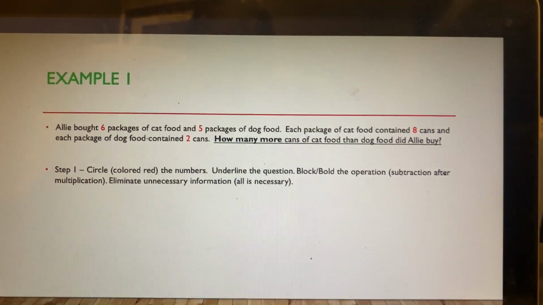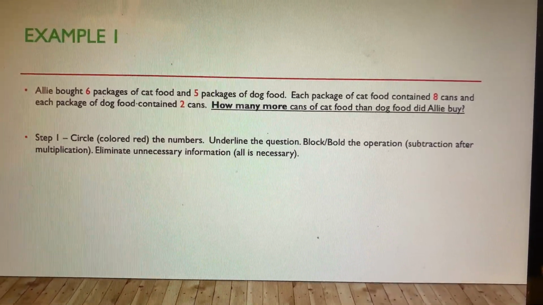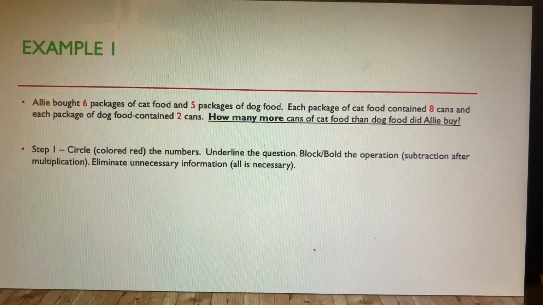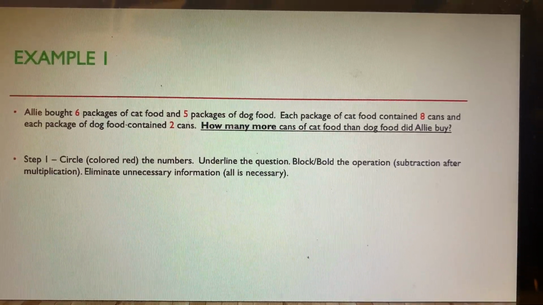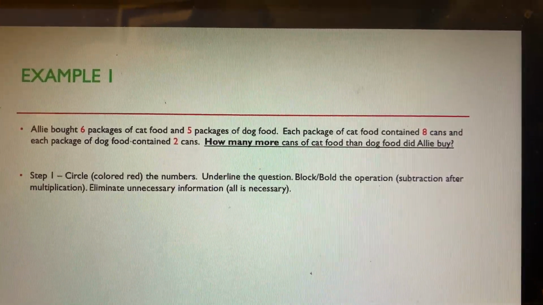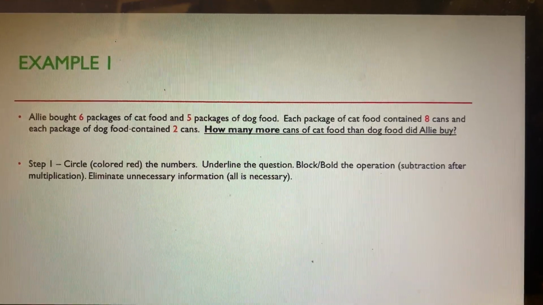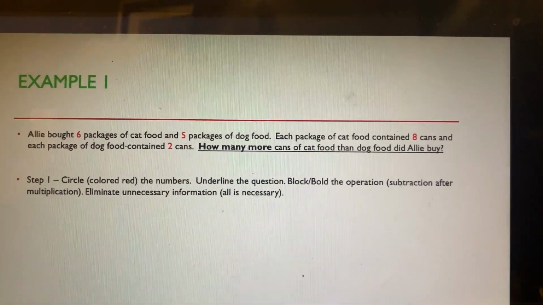I've already done it, so I've colored red the numbers. I've underlined the question. I've blocked and bolded the operation, which will be subtraction after multiplication, and I've eliminated unnecessary information. In this instance, all of the information will be necessary, so there's nothing to be eliminated.